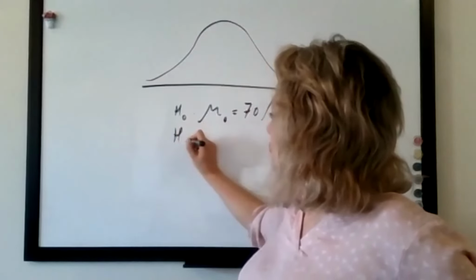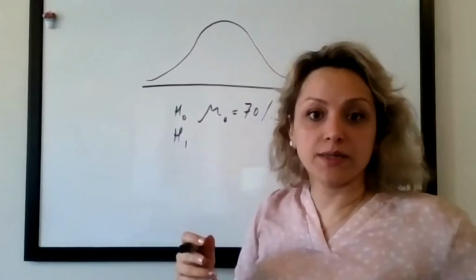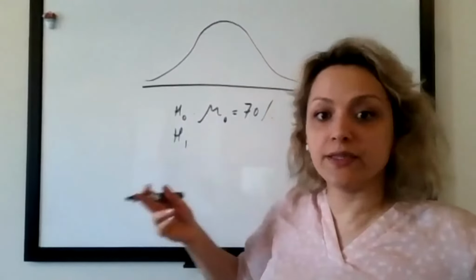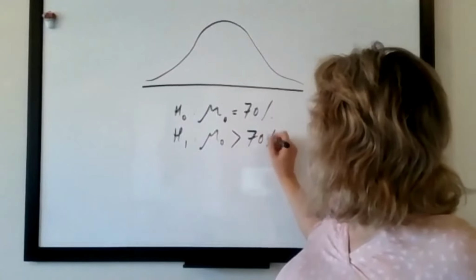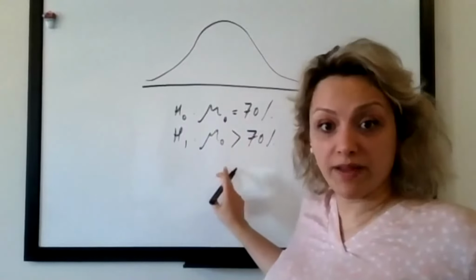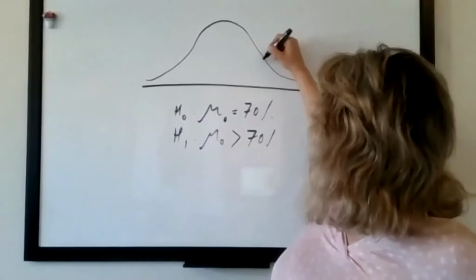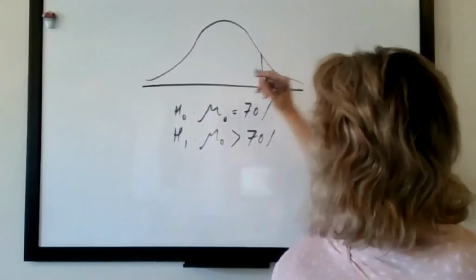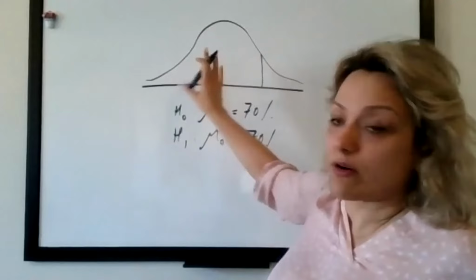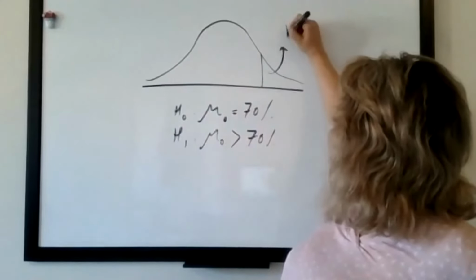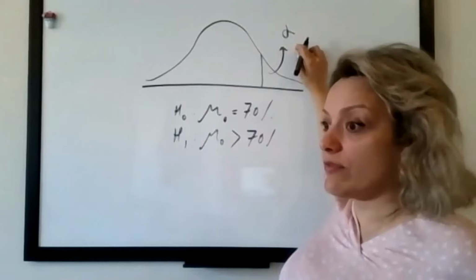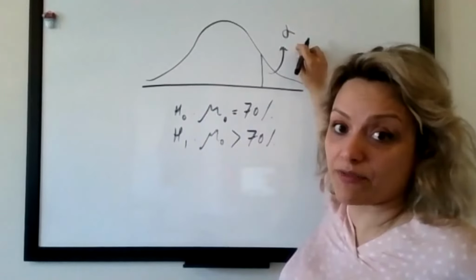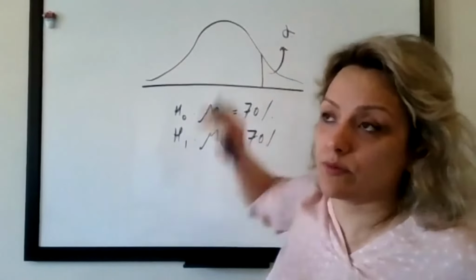And my H1, or alternative hypothesis, is that mu is greater than 70%. So for this one, because we said that 70% is this area, the whole alpha is going to go to one side. So this is all the alpha, like 5% alpha. It's not half of the alpha.